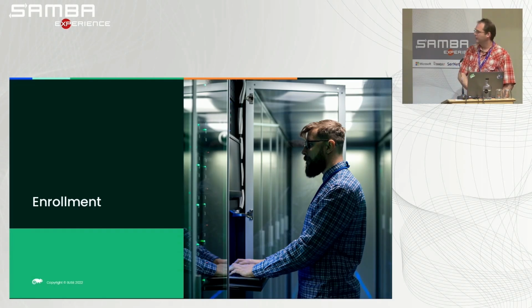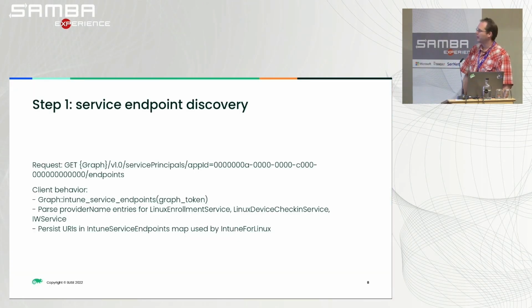And so let's start with the enrollment process. To begin with, we send a discovery request. This is actually a specific Graph request that we send. And that app ID in the request URL is a specific application ID for Intune itself.